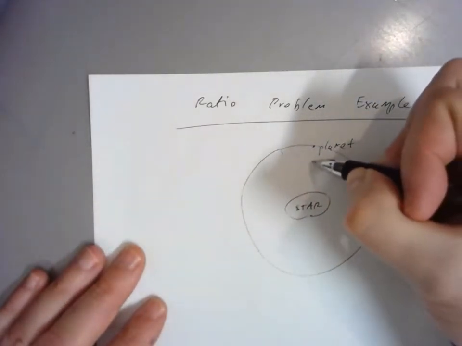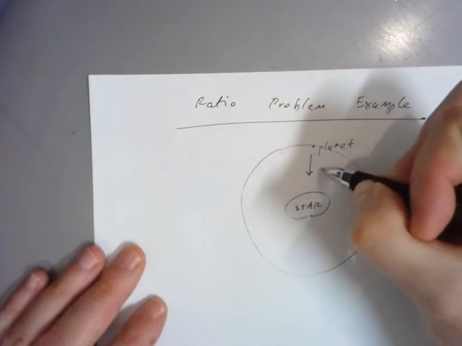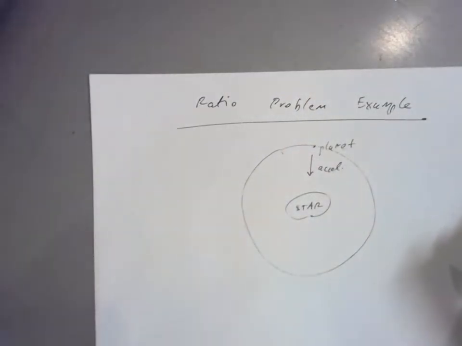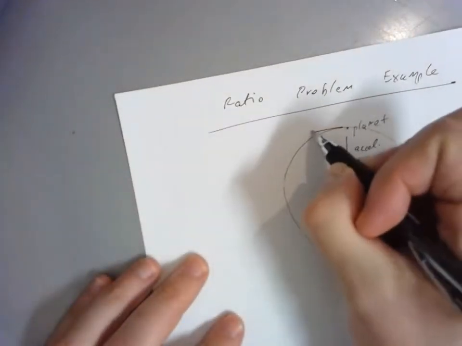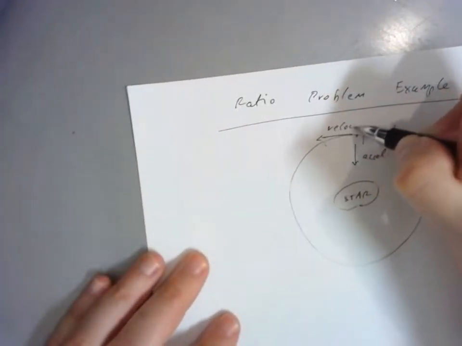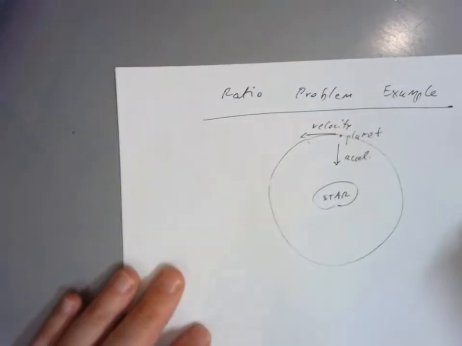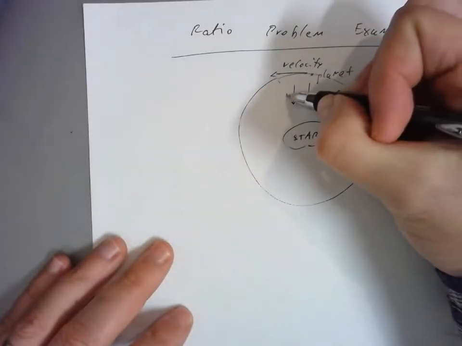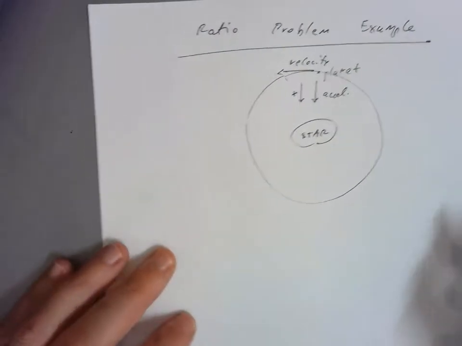I'm going to go ahead and add the information for a force problem. This planet is moving in a circle, so it's accelerating towards the center, and its velocity is tangent to that circle. In my coordinate system, I'm going to make positive that way.